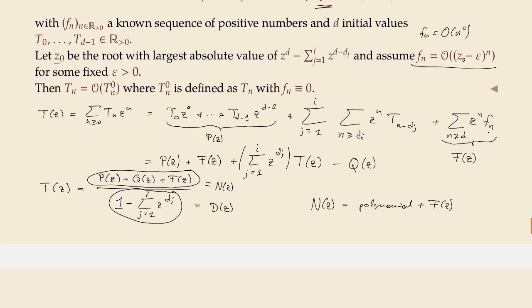And we know that these terms don't grow too large. That means f is analytic for all z with smaller absolute value than c_0.